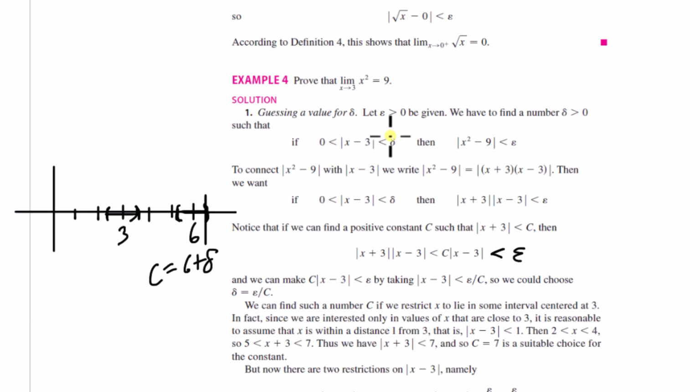Therefore, we guess that delta is equal to epsilon divided by c, where c is some new variable that we've introduced into the problem. c is a positive constant that satisfies this inequality: the absolute value of x plus 3 is always less than c. This is a new inequality that we've added to the problem in addition to the output inequality. This needs to also be satisfied in relation to any input coming from the input inequality.